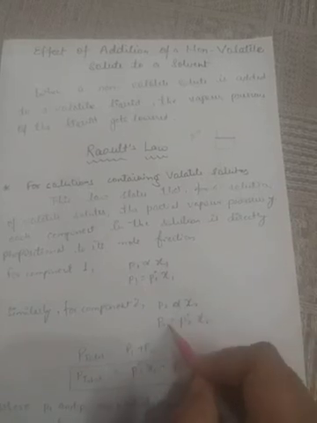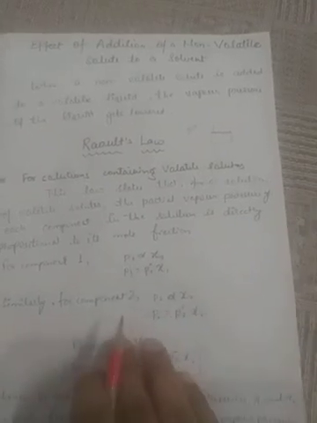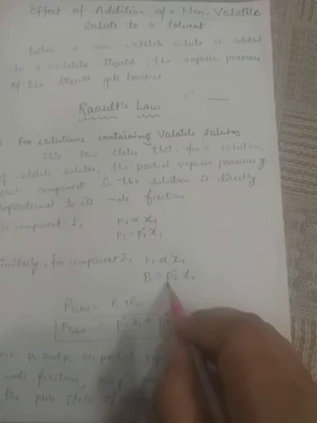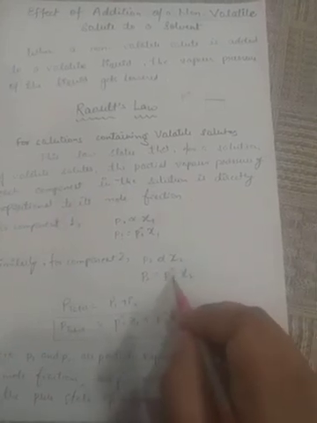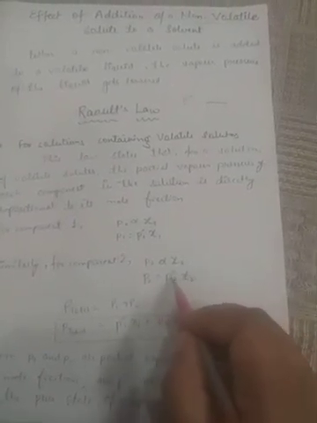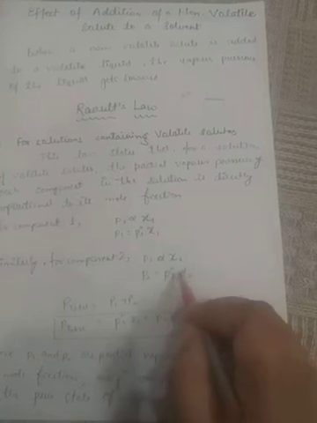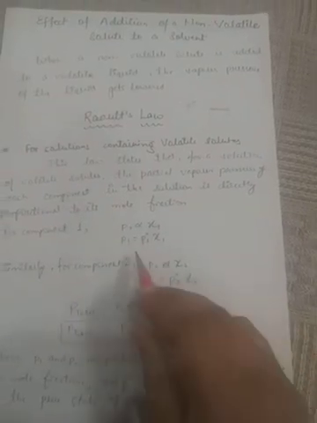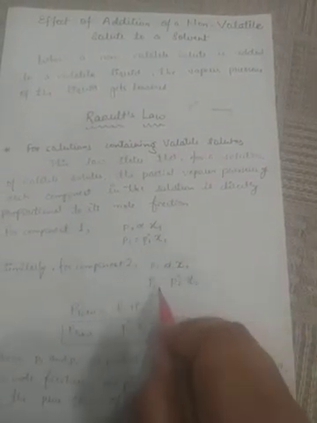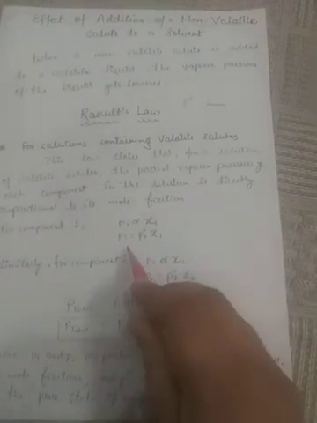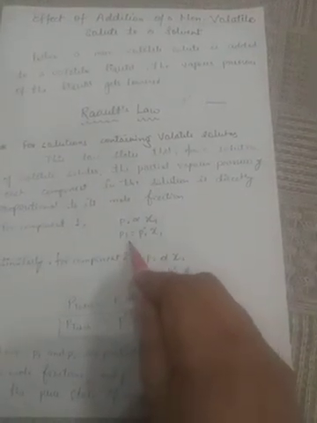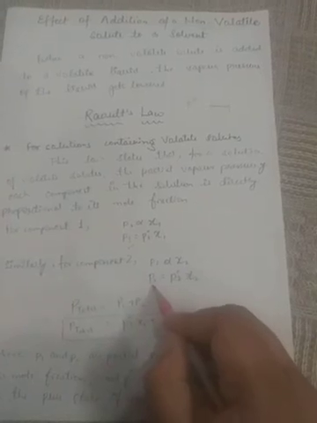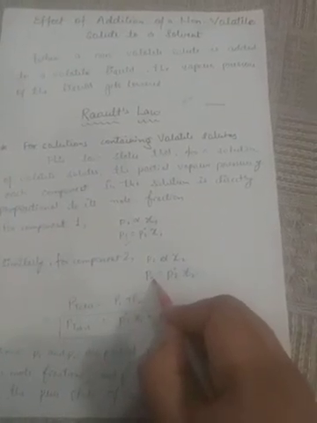For component 2, P2 is proportional to x2, or P2 equals P naught 2 x2, its vapor pressure in pure state into its mole fraction. P1 is equal to P naught 1 x1, P2 is equal to P naught 2 x2. This is the partial vapor pressure of component 1, and this is the partial vapor pressure of component 2.